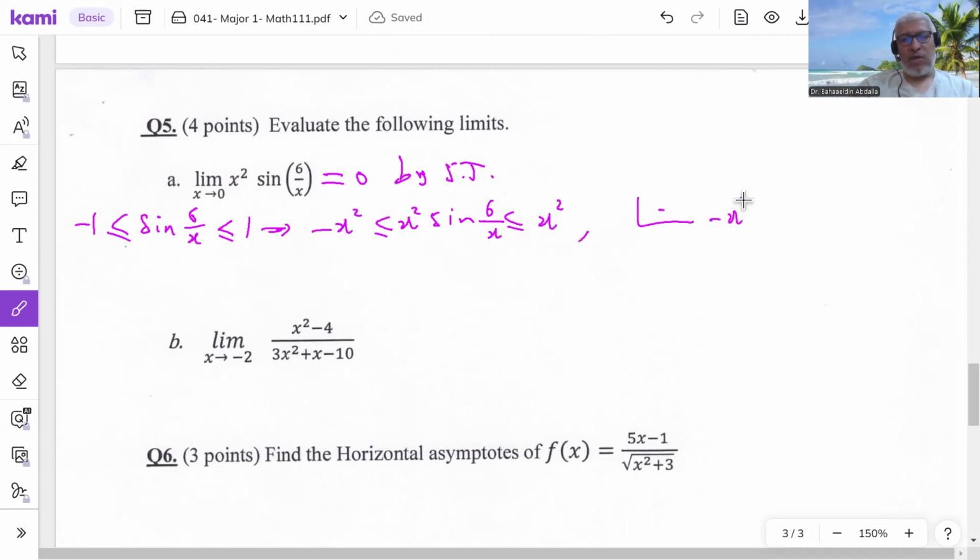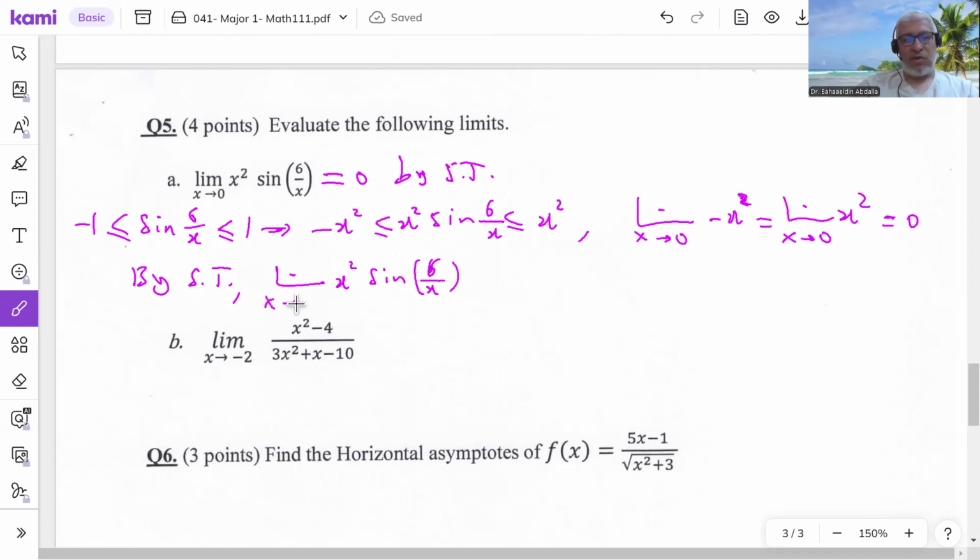And we can simply find the limit of negative x squared when x approaches 0, and limit of x squared when x approaches 0. And if you replace x by 0, the answer is 0. So by squeeze theorem, the limit of what is in the middle, which is x squared times sine of 6 over x when x approaches 0, is 0.